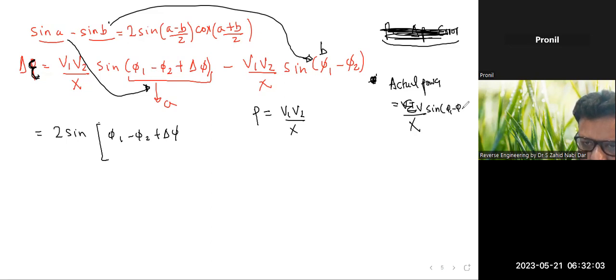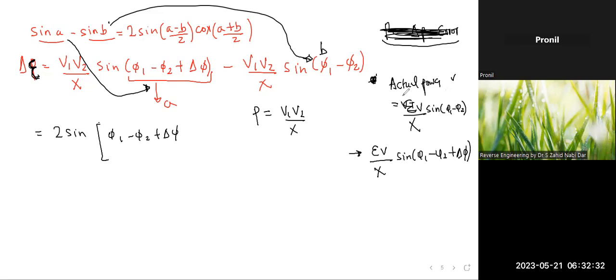Now, what is the power that you are getting? The power you are getting is E V by X sine of phi 1 minus phi 2 plus that timestamp value, plus delta, 0.314.